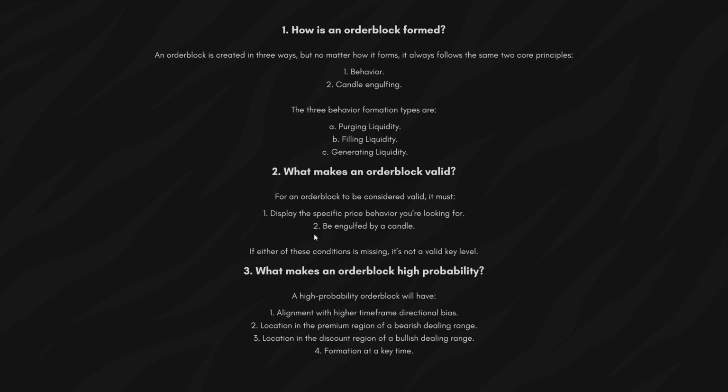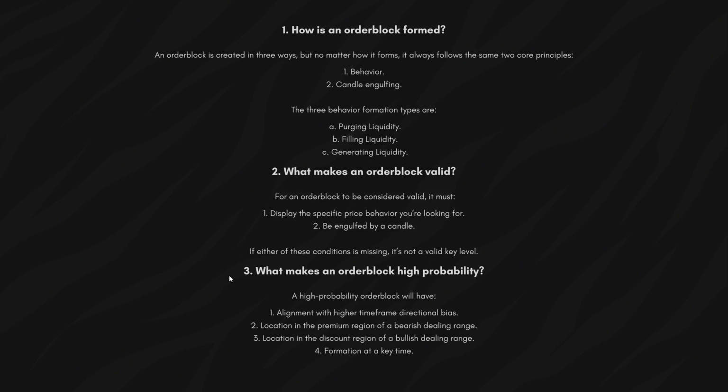And number two, be engulfed by a candle, which means that if a candle or a group of candles show one of these three behaviors, and then that candle or those candles get engulfed, that leads to the formation of a valid order block. Okay, and if either of these conditions is missing, then that's not a valid key level or a valid order block.